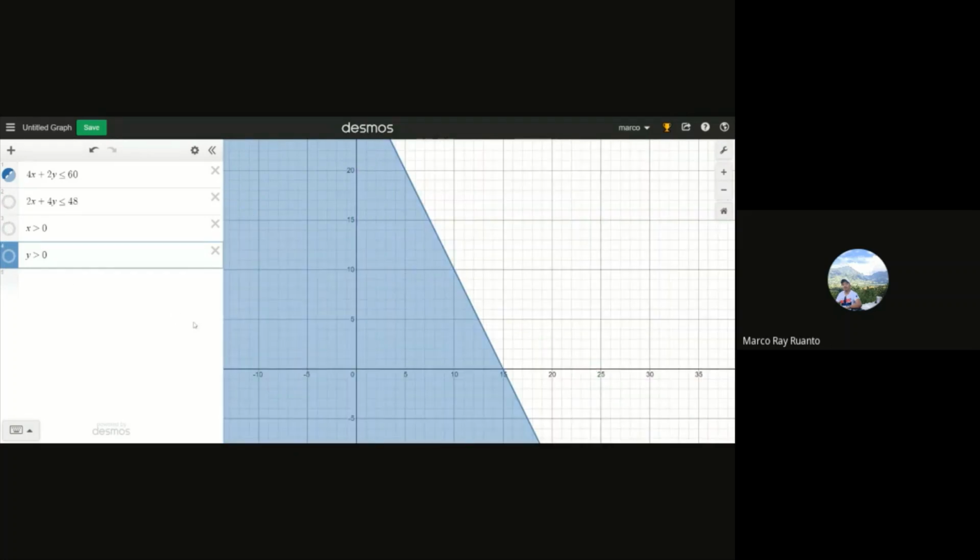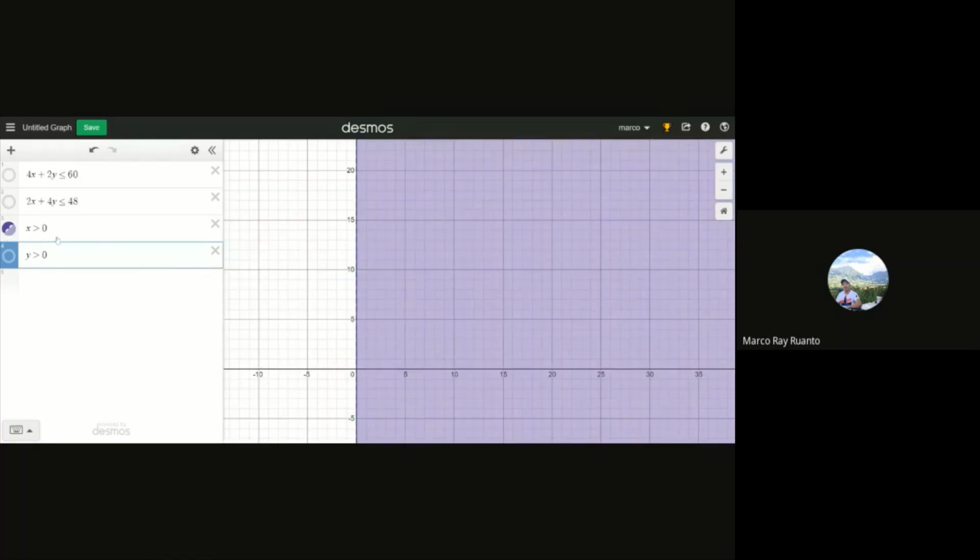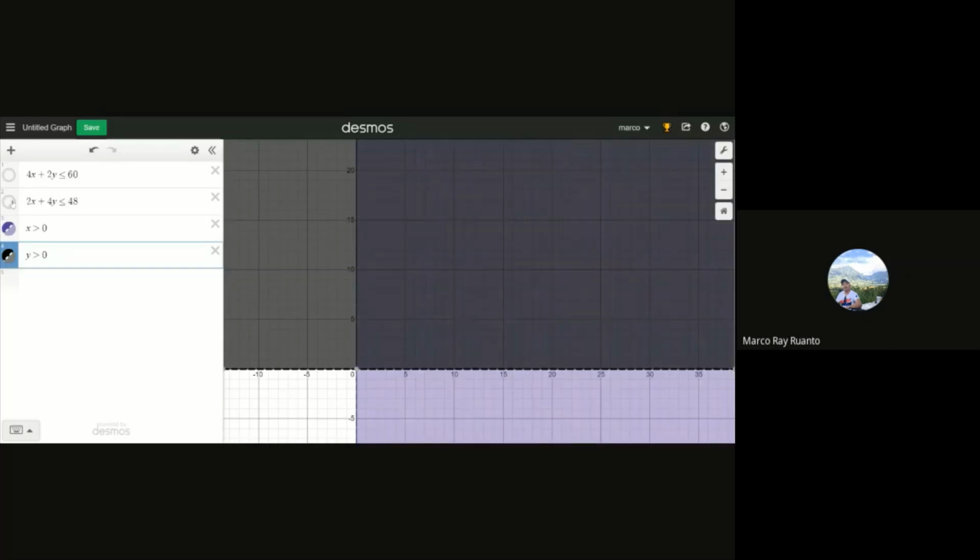So this is the graph for 4x plus 2y less than or equal to 60, and this is for 2x plus 4y less than or equal to 48. Then that is x greater than 0 and y greater than 0.